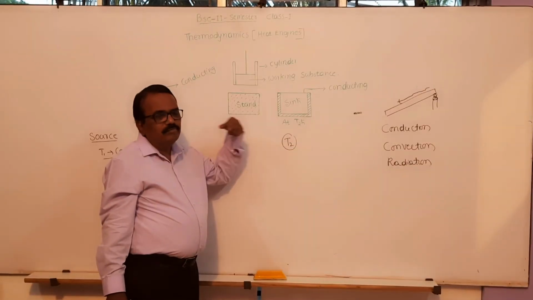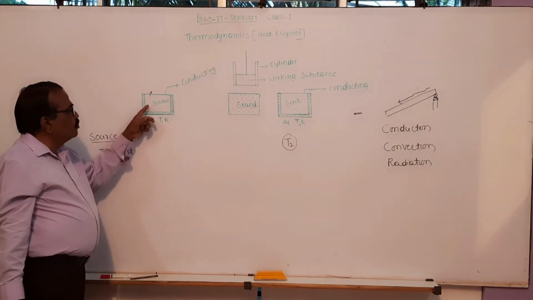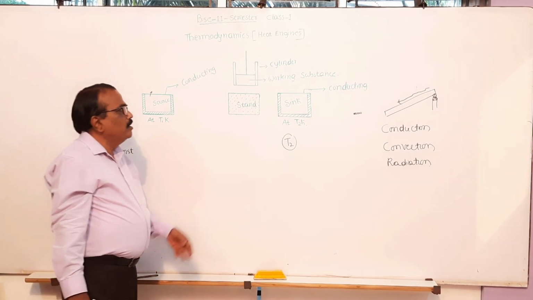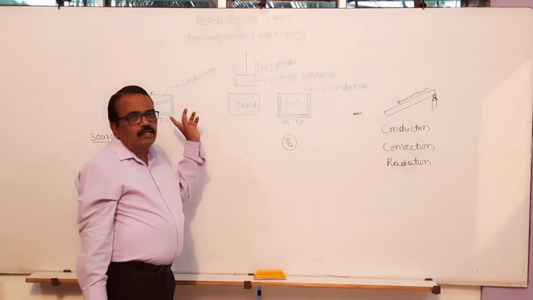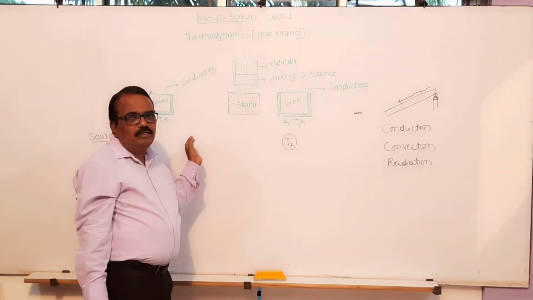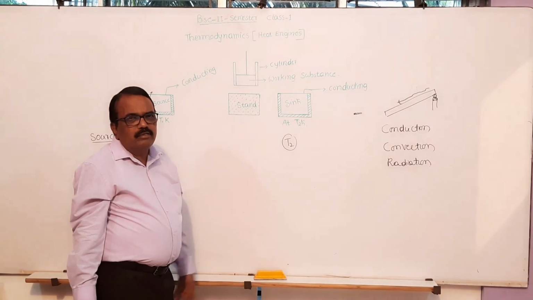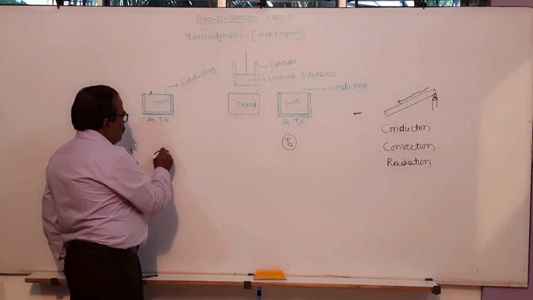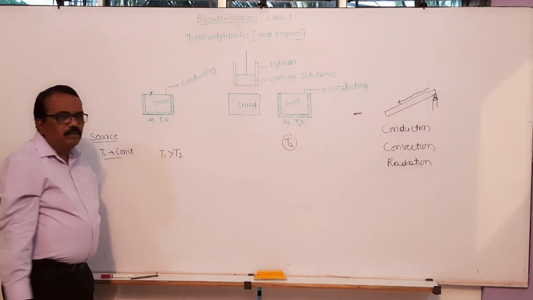The source rejects the heat and the sink receives the heat. By rejecting or taking a certain amount of heat, the temperature does not change. But remember that T1 is greater than T2.